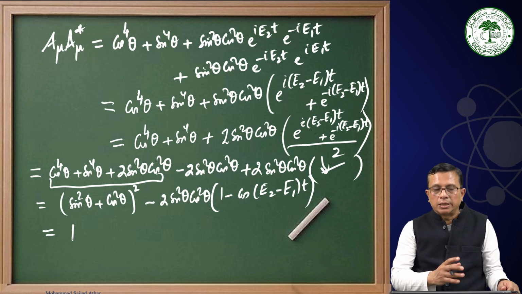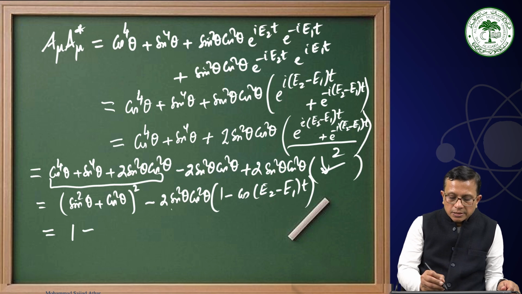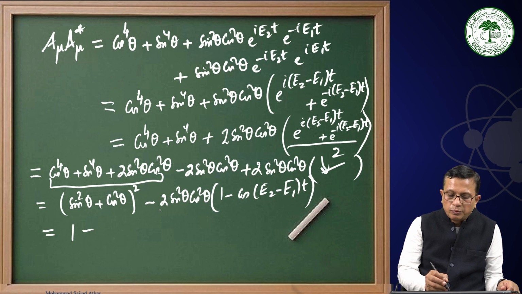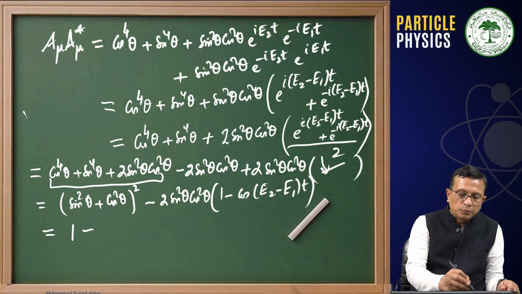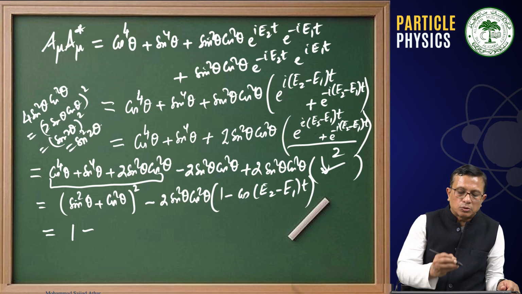Therefore, sin²θ plus cos²θ is 1, and if I am writing it as 2 sin² (E2−E1)t by 2, this 2 with this 2 will become 4, and then we have 4 sin²θ cos²θ. This 4 sin²θ cos²θ we can write as (2 sinθ cosθ) whole square, which is sin²2θ.